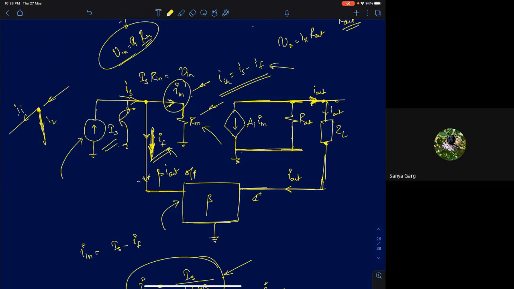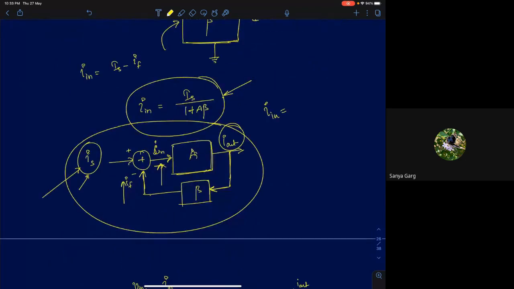So that's called no loading effect. The negative feedback is not loading your amplifier. So it's always going to deliver a constant current. This is a very important assumption we are making here. If you make this assumption, then I can represent it with this block diagram model. The input current is given by IS upon 1 plus A beta.